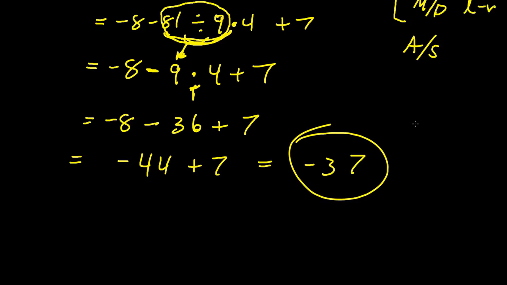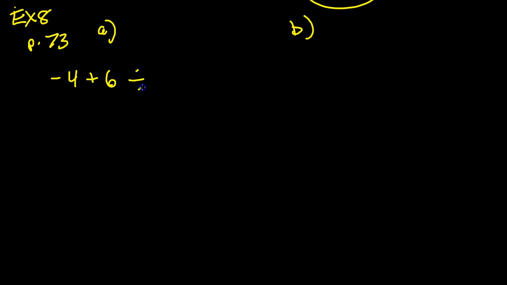All right, let's look at example 8 on page 73. Actually, there's two sub-examples here. Let me write them both out. Minus 4 squared plus 6 divided by 3.